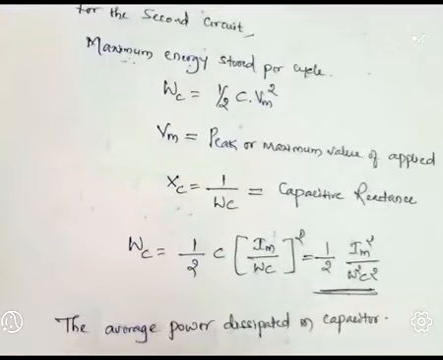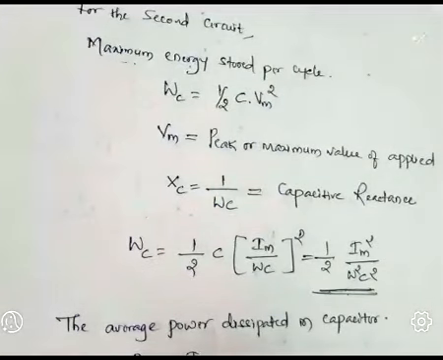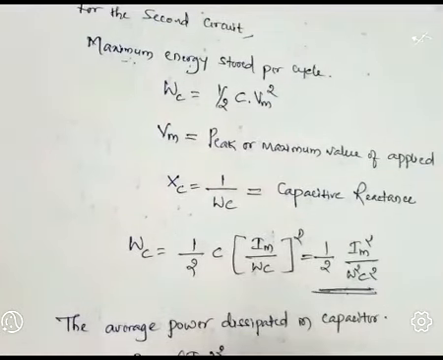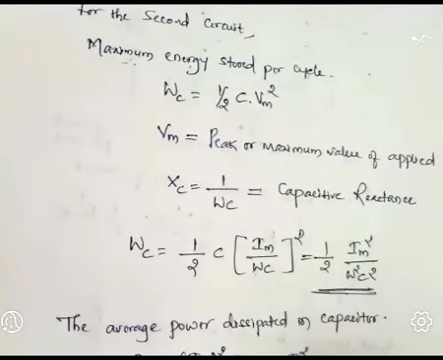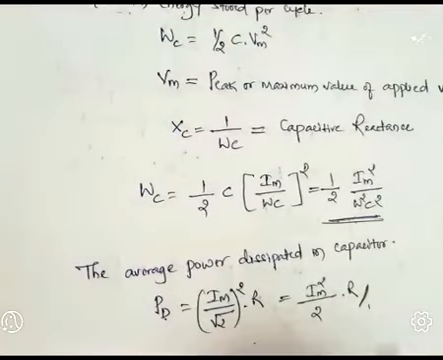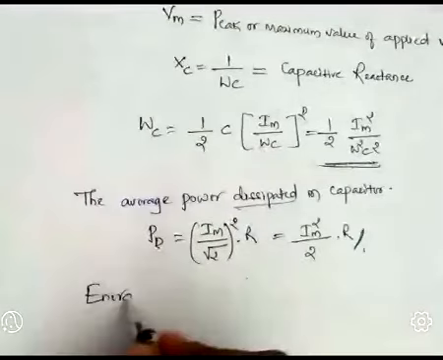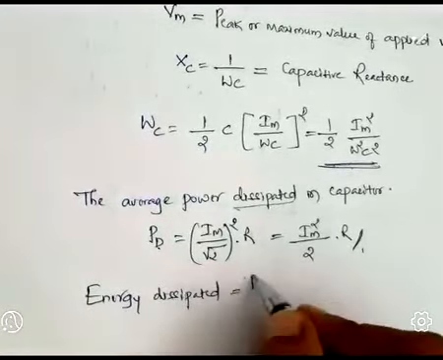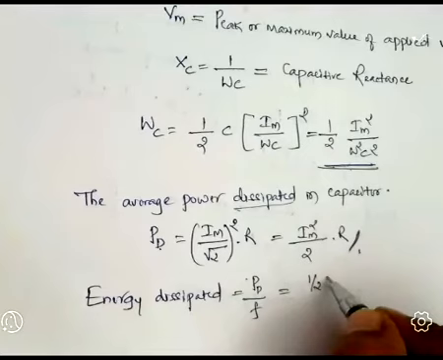That is given by PD, where D stands for dissipation: Im divided by square root of 2, squared, multiplied by R. So Im square divided by 2 into R. This is power dissipated, but we want energy dissipated, so energy dissipated equals PD divided by F, which is 1 by 2 Im square into R divided by F.